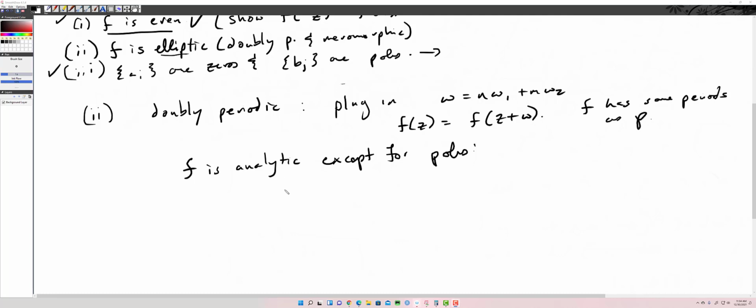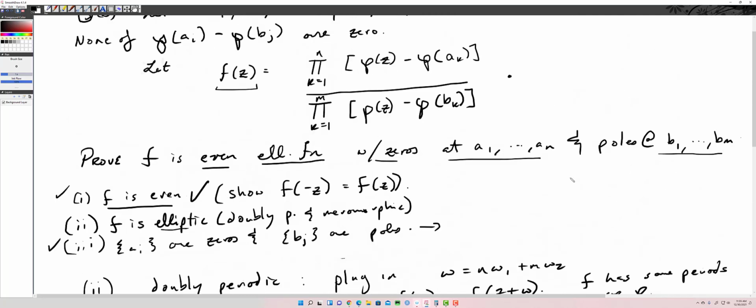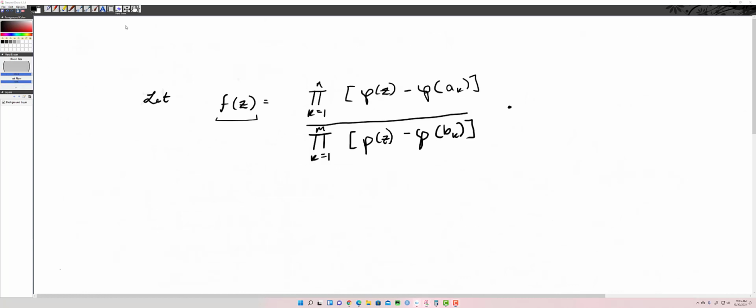So what I'm guaranteed is that a rational function of meromorphic functions is meromorphic. And that gives us everything we need for B.